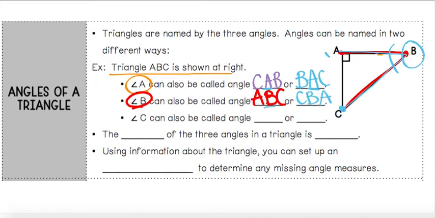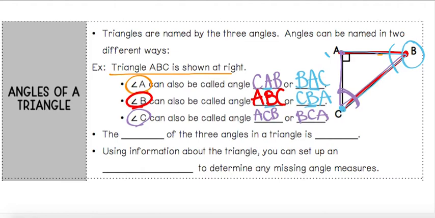Again, you can notice that B is in the center, and then the other side legs help us name this angle. I think by now you could probably do letter C or angle C. Start at A and do ACB, and then BCA. Again, the purpose of this is to determine different angles. So when I'm speaking or you're speaking, you can tell me what angle you're talking about.